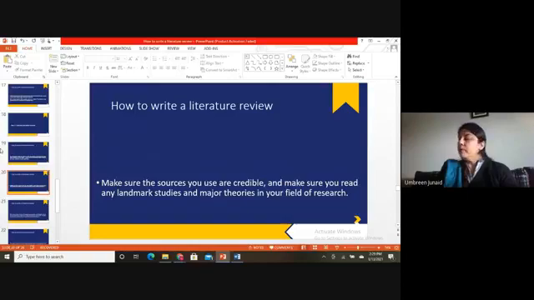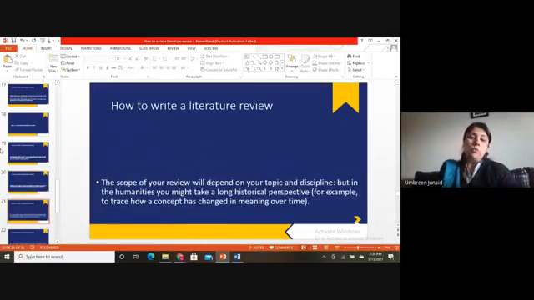Basically, whenever you select a source, something very important is that you select a credible source. You do not select a source which is not properly published, which is not properly taken by any website. That source is not actually reliable, so you usually don't take those sources.